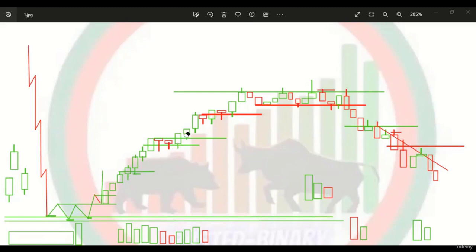So same situation here also. We can draw support here to here, and we can draw SNR here to here, like this type of support, breakout, then resistance. The third point, the market again came here. This bullish candlestick came here, and there is a little gap.